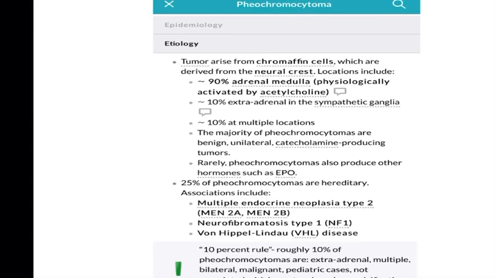So pheochromocytoma can be associated with multiple endocrine neoplasia, neurofibromatosis, and von Hippel-Lindau disease. The 10% rule means that roughly 10% of pheochromocytomas are extra-adrenal, multiple or bilateral, meaning both adrenals can be involved, malignant, or pediatric cases not associated with hypertension.